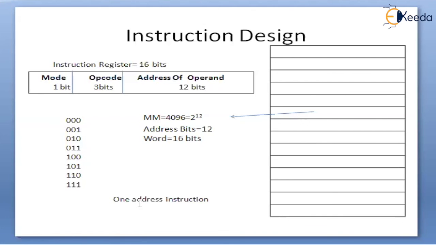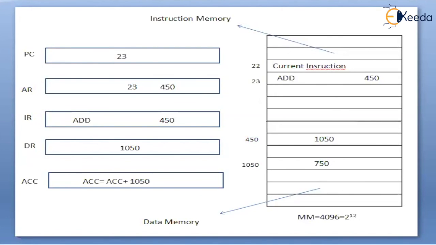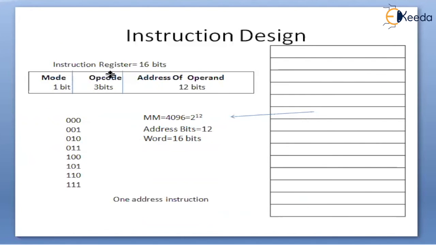These instructions have only one operand within the instruction. The single accumulator organization instruction supports only one operand in the instruction, and the second operand is always the accumulator. For that reason, we call these instructions one operand instructions or one address instructions. Either way you call it.